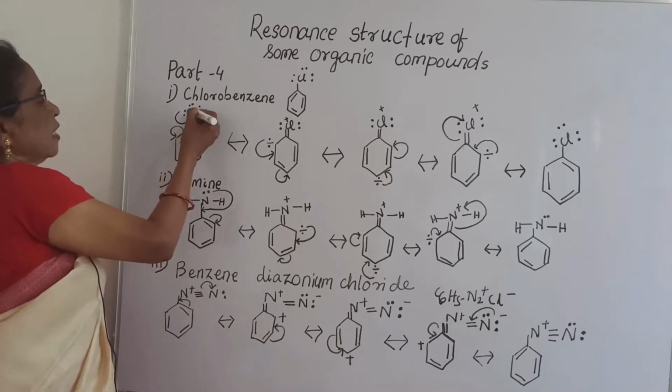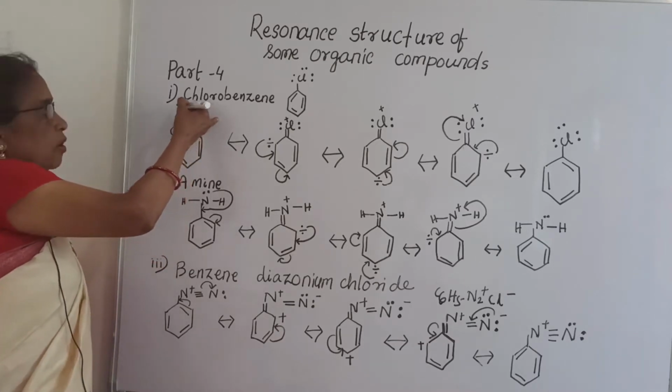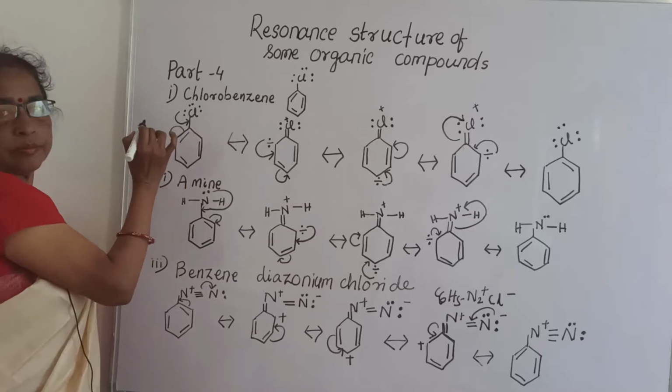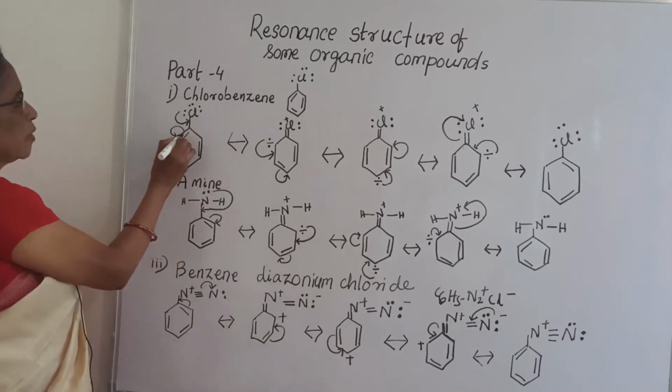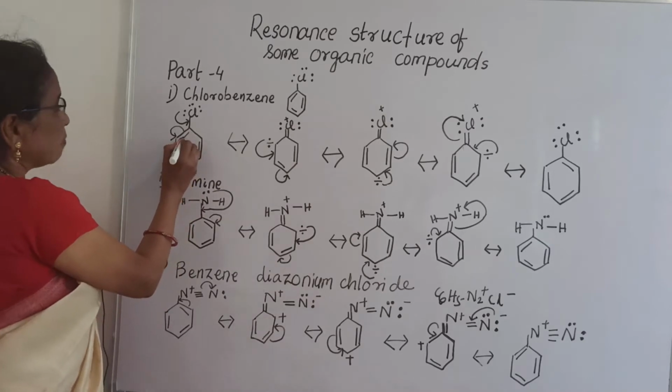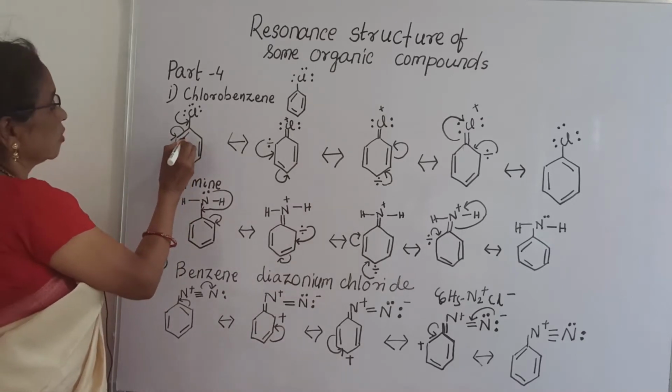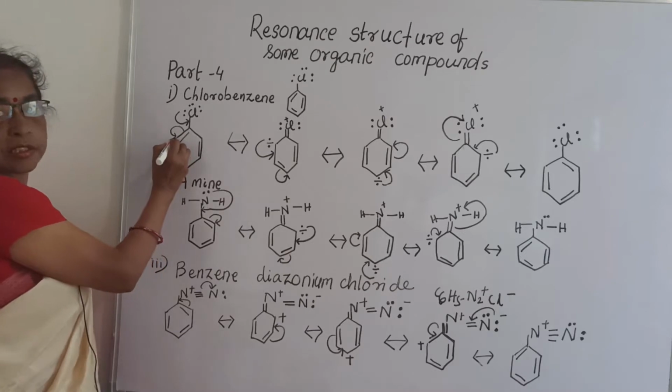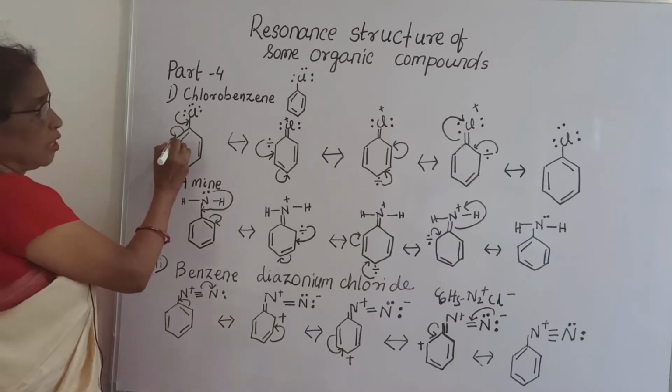That means this pair of electrons is delocalized to the adjacent bond, and automatically here it gives pressure. That means it becomes unstable, and the pi bond electrons are delocalized to the adjacent carbon atom.